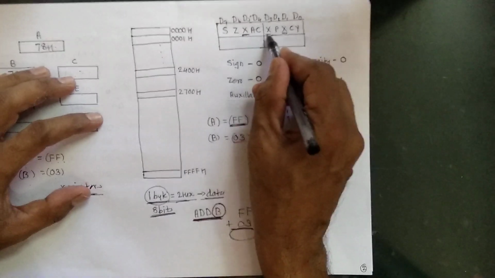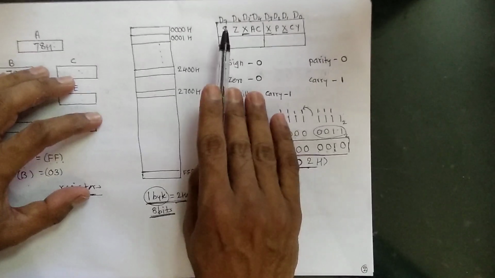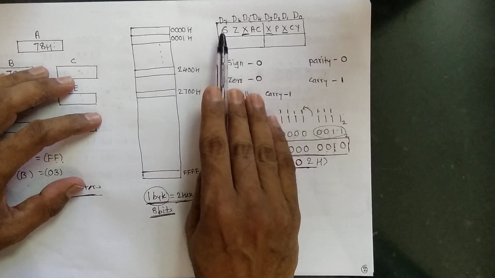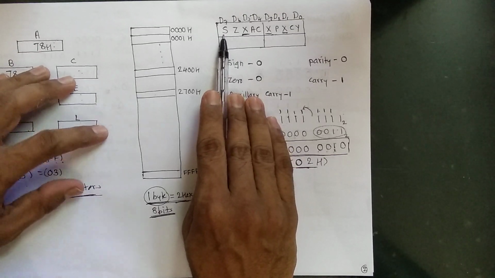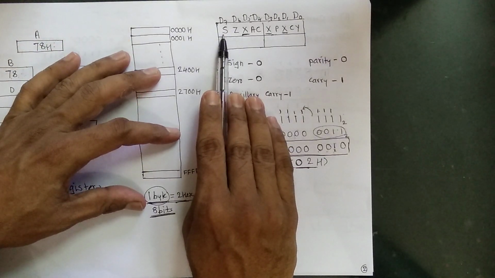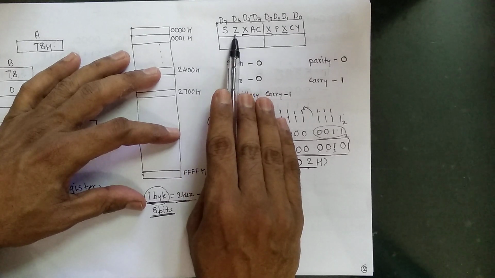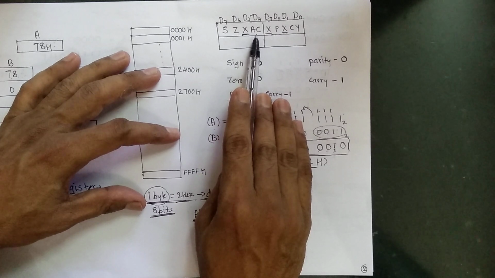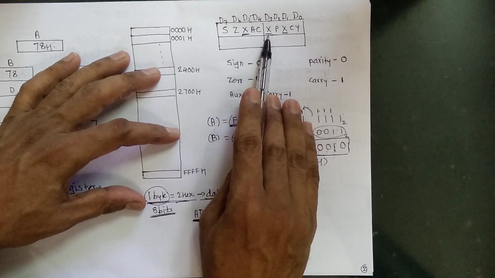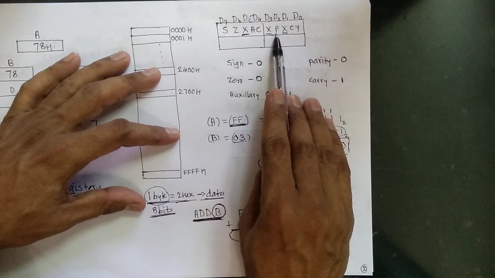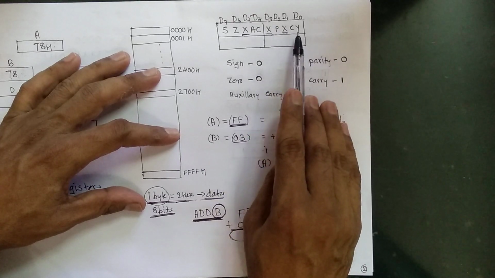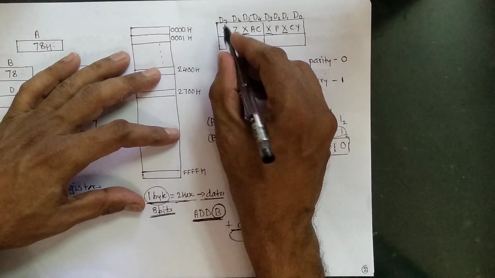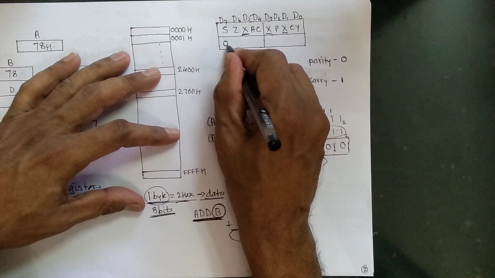Now here, the position of the sign flag is S equal to D7, that is the most significant bit of the flag register, which represents sign. The next bit is a don't care condition. Then it represents zero, don't care condition, then auxiliary carry, don't care condition, then parity, don't care condition, and then carry. In this particular example, the sign flag is 0, therefore put 0 here.